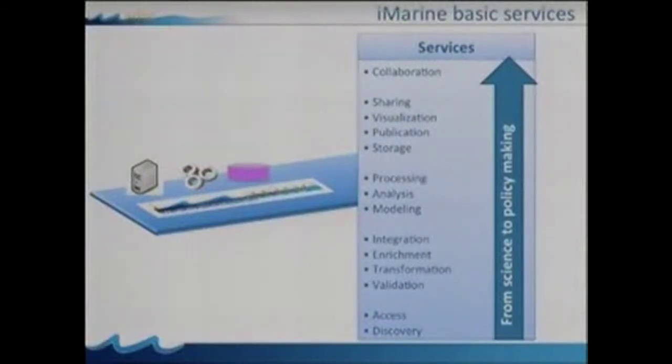Then when you have produced a result, for example of an analysis, you can store, publish, visualize, and share it with others, until the last point, supporting cooperation among different players working toward a common goal. You will see in the presentations that follow that all the ingredients are present.